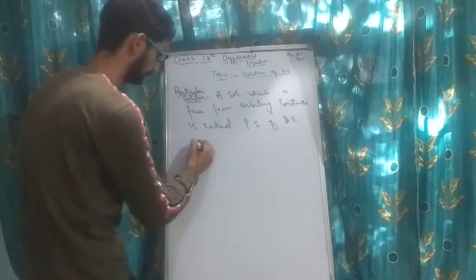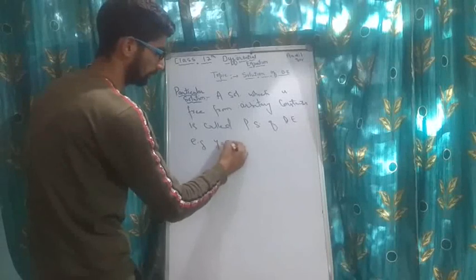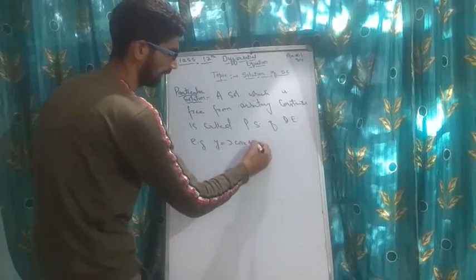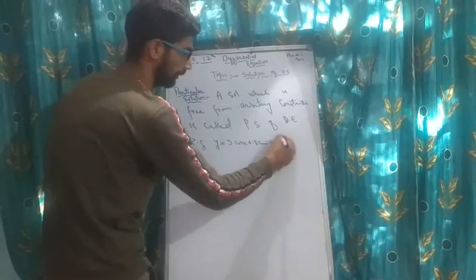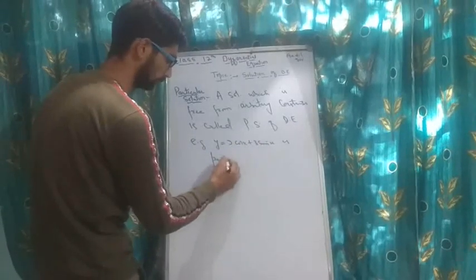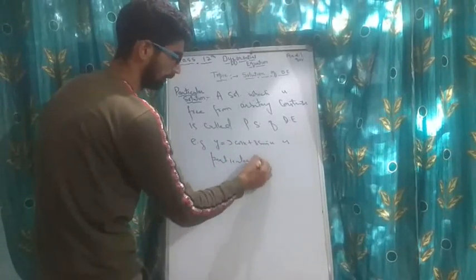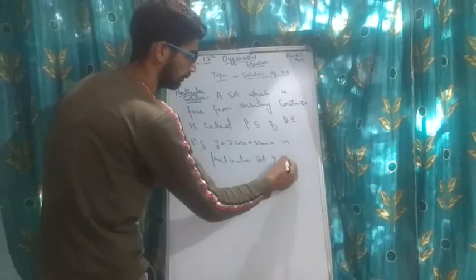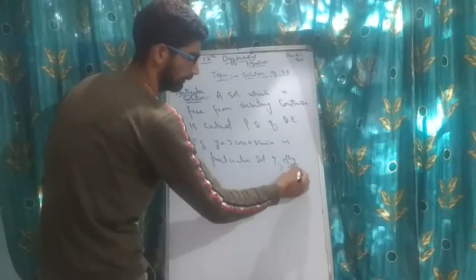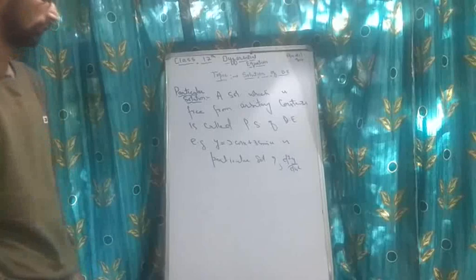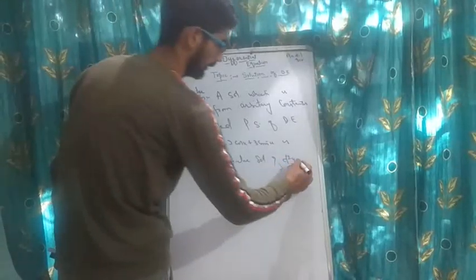For example, y equals 2 cos x plus 3 sin x is a particular solution of d square y divided by dx square plus y equals 0.